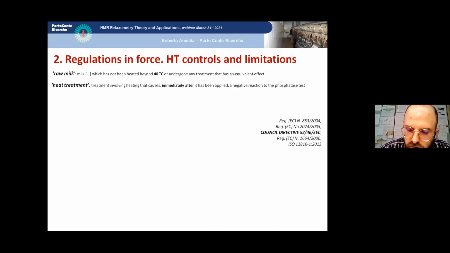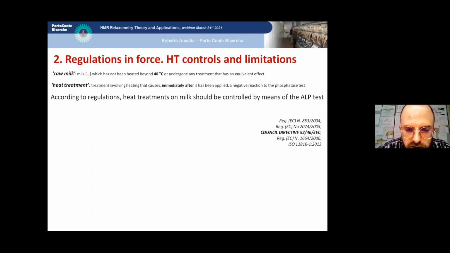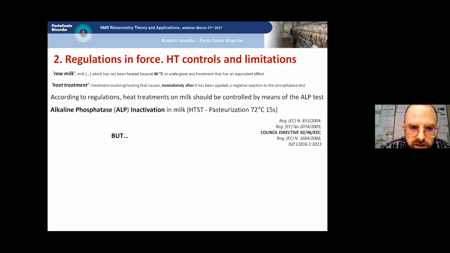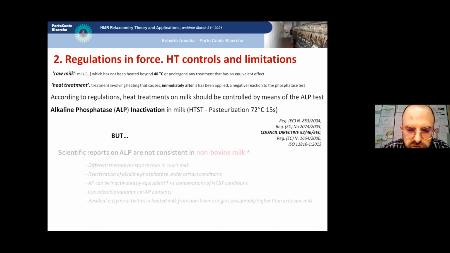Therefore, according to regulations, heat treatments must be controlled by alkaline phosphatase test. Proof of heat treatment is the inactivation of the ALP, the enzyme ALP. However, this does not have a general validity according to scientific literature.